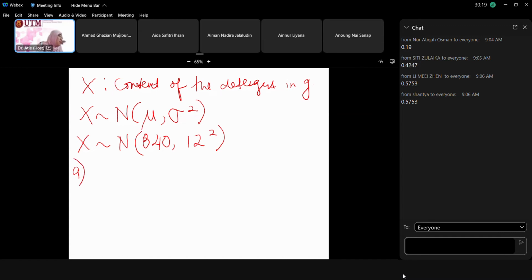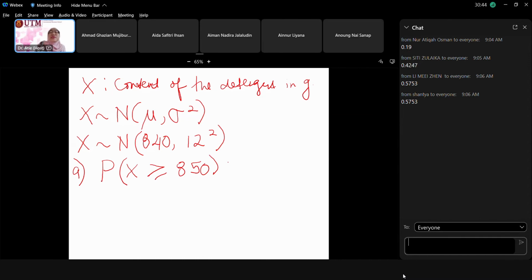For part A, when you see the word probability, just write P. P stands for probability, and in the bracket is the story we want to look for: X, the content of the detergent in gram, is more than 850.